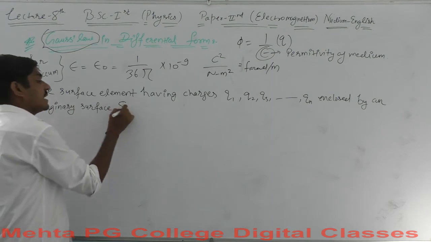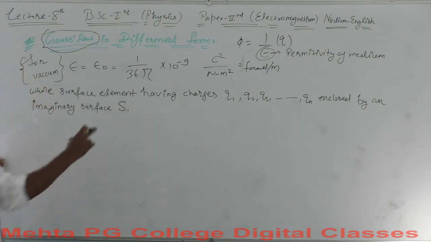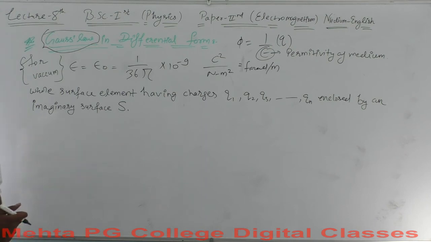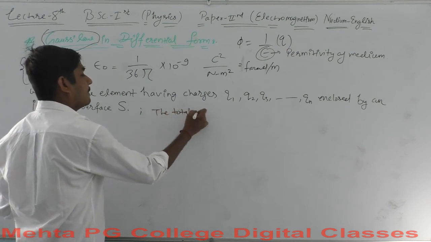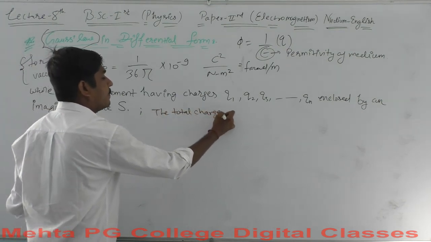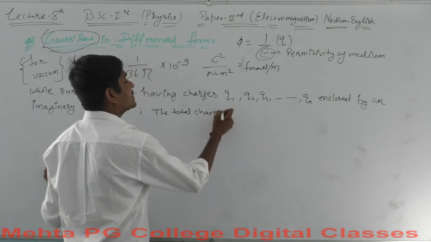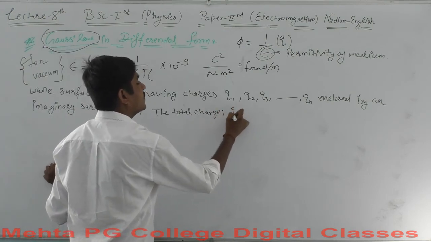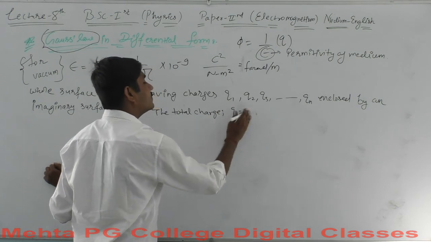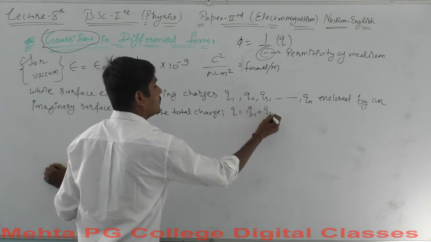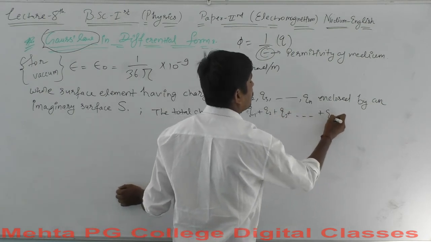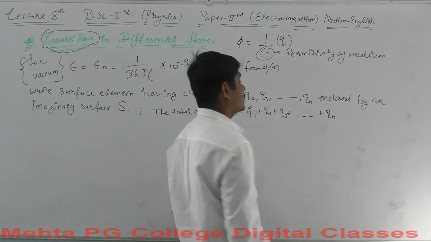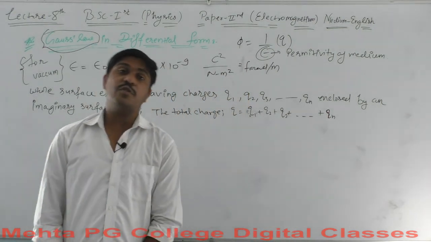Say this surface is S. So the total charge enclosed, if you symbolize it as Q, will be Q1 plus Q2 plus Q3 and so on up to Qn. This is the summation of all these charges.